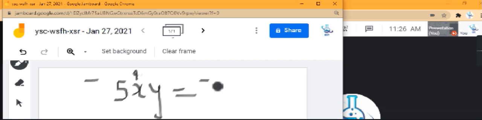The coefficient of y is minus 5x, and the coefficient of xy is minus 5.